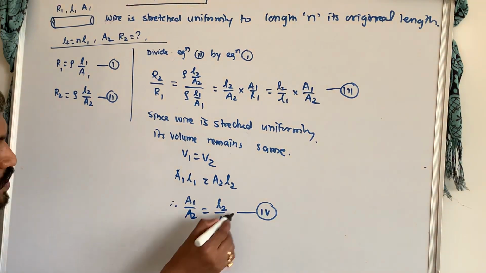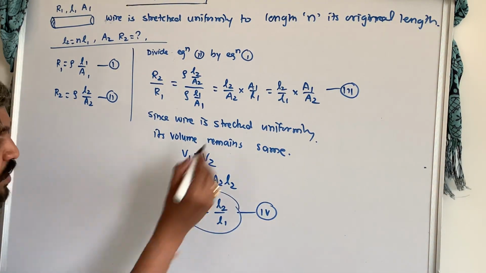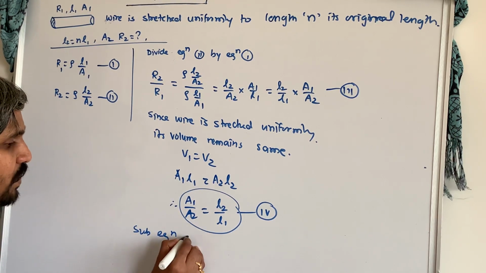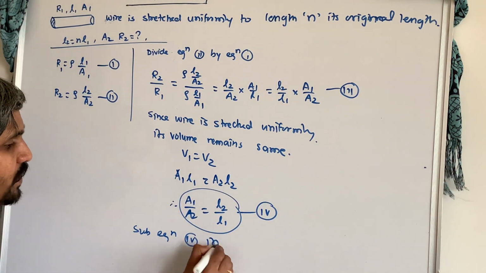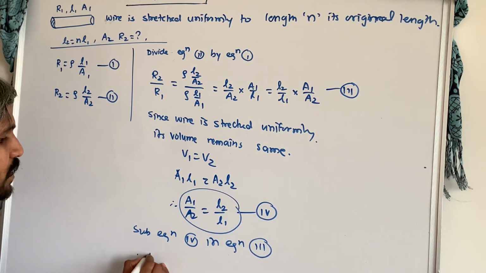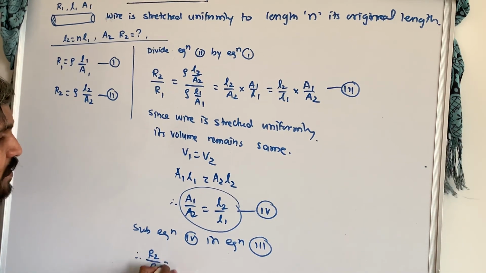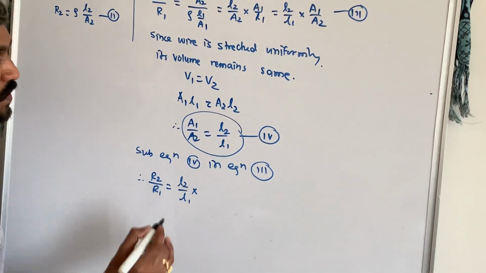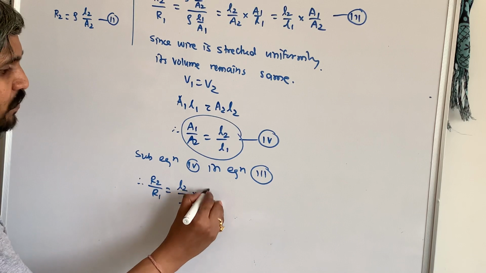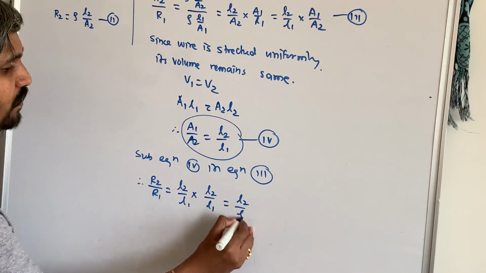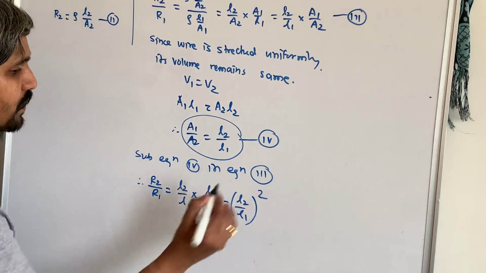Now I will substitute this value of equation 4 in equation 3. So what I will get? R2 by R1 is equal to L2 by L1 as it is, and instead of A1 upon A2, I am writing L2 by L1, so it is L2 by L1 the whole squared.